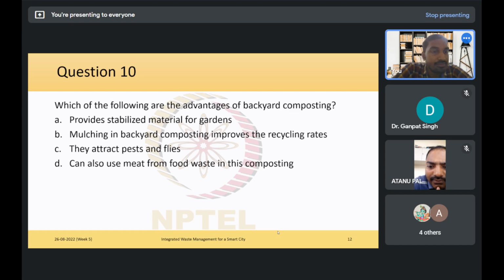What do they think? We have an answer A, B. Does anyone think C and D are advantages of backyard composting?